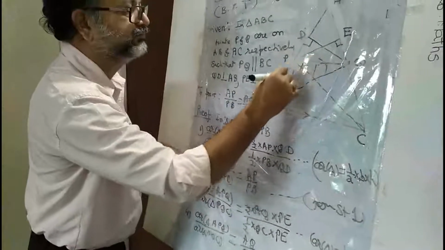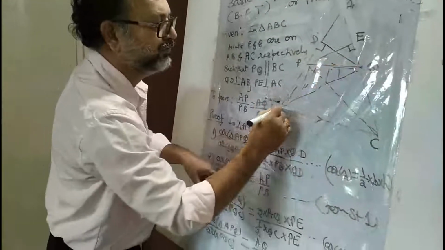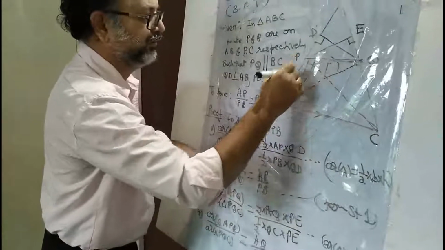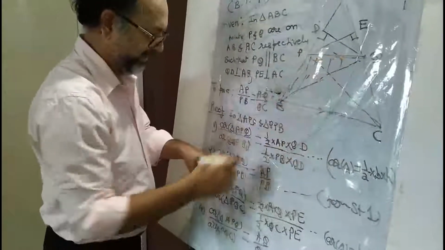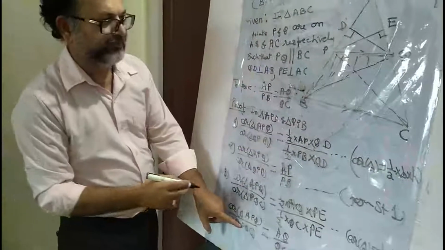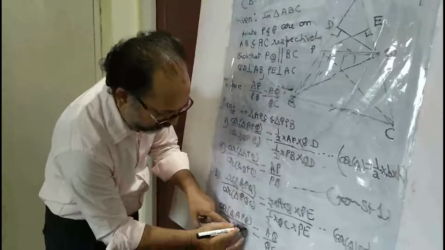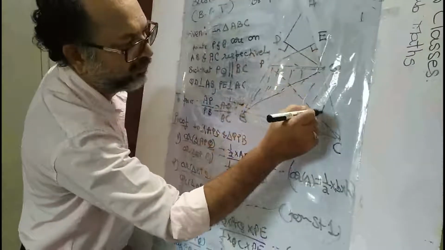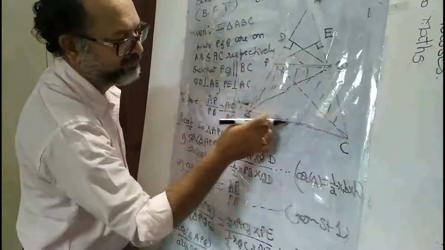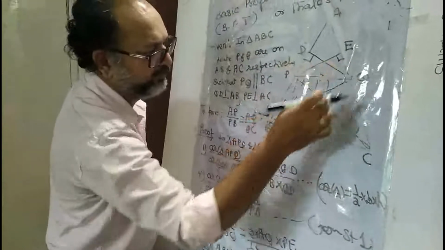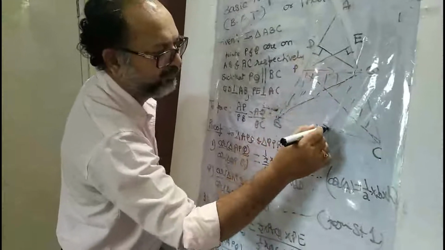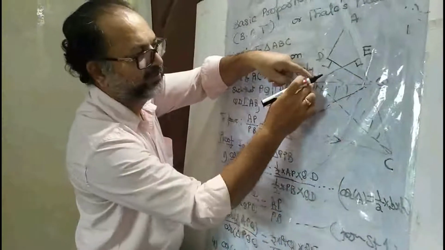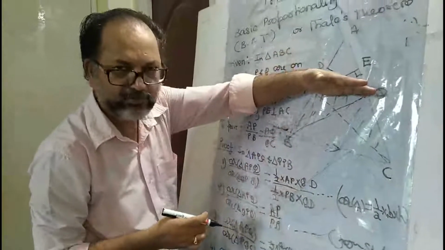This triangle. See, this is parallel to this, and this triangle's vertex is on this BC. And PQC. See, this triangle's vertex is on this base, on this BC. And you know that these two are parallel. These two are parallel. And these two triangles are on the same base PQ.